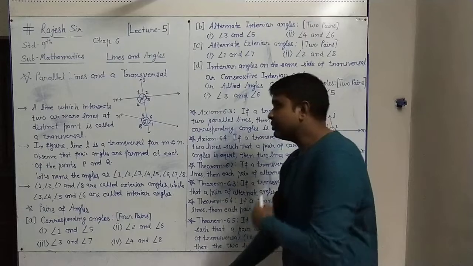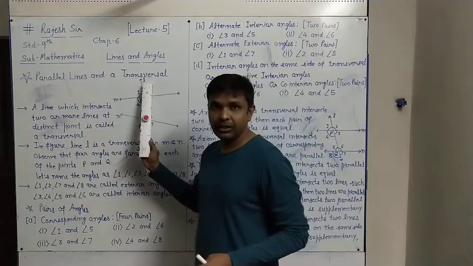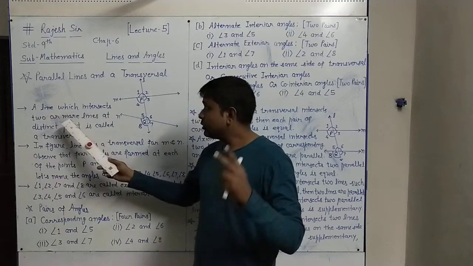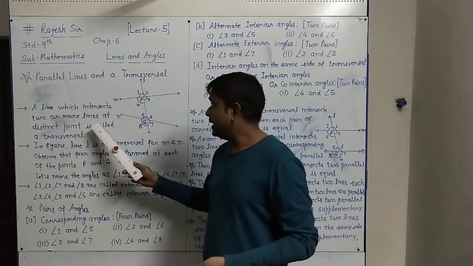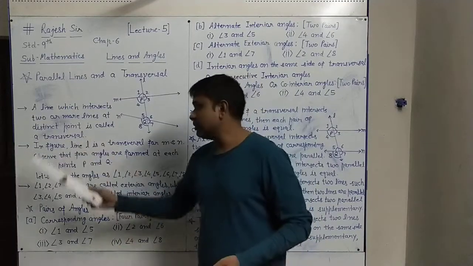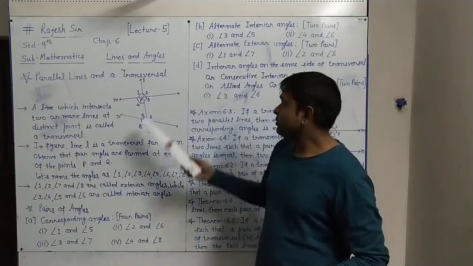So here the first definition we have is: what is a transversal? It is a line which intersects two or more lines at distinct points, meaning different points, and is called a transversal. You can understand with this figure.